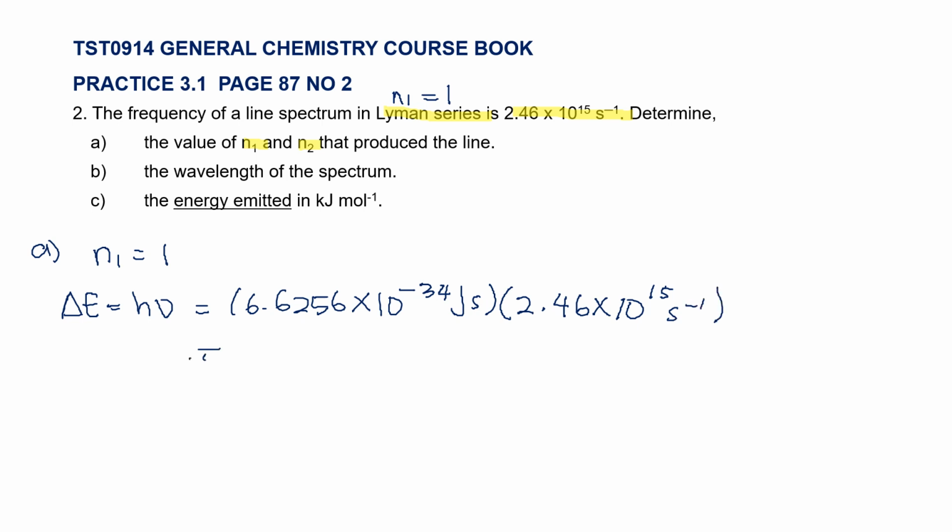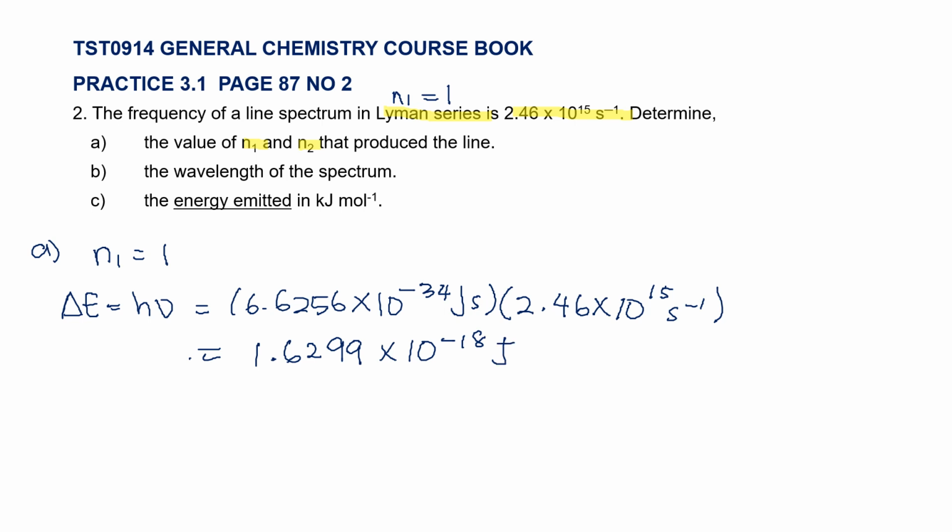From there we can get the value of energy, which equals 1.6299 times 10 to the power of negative 18 joules.